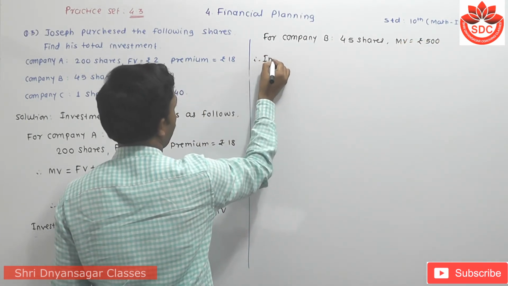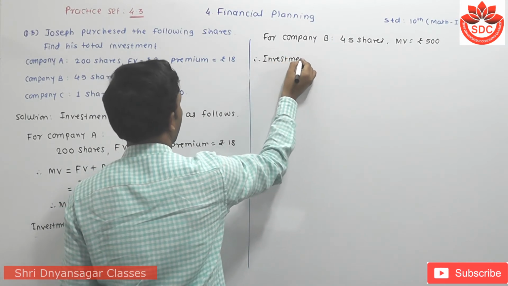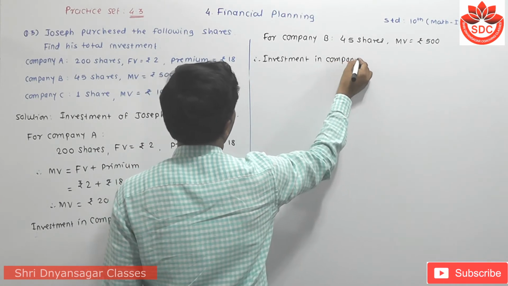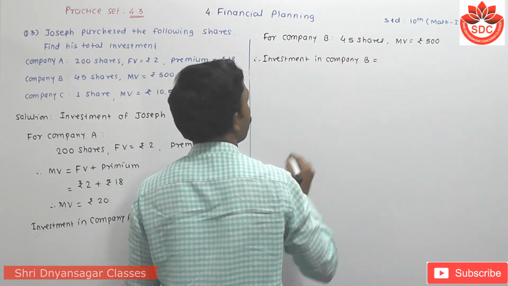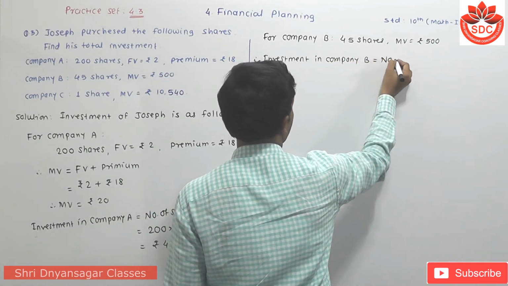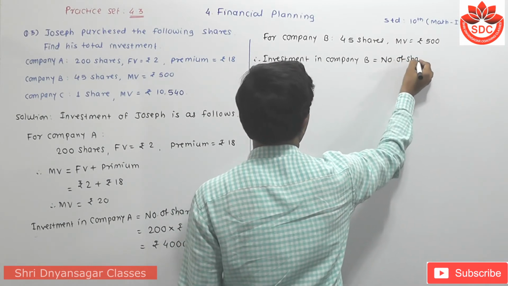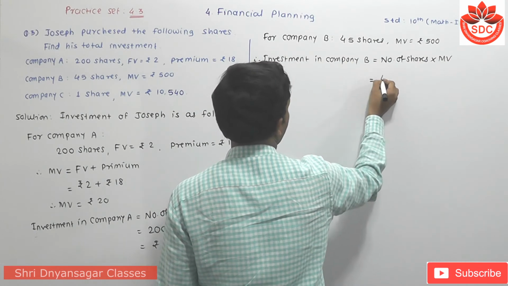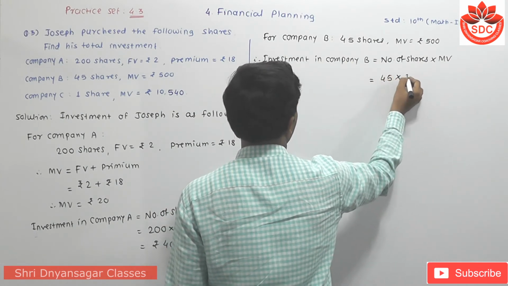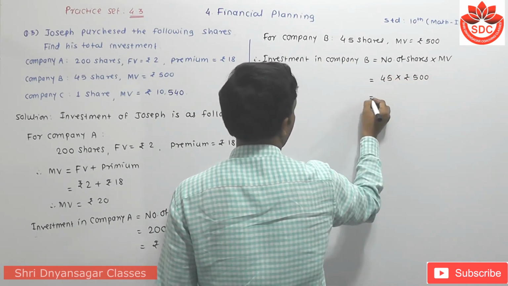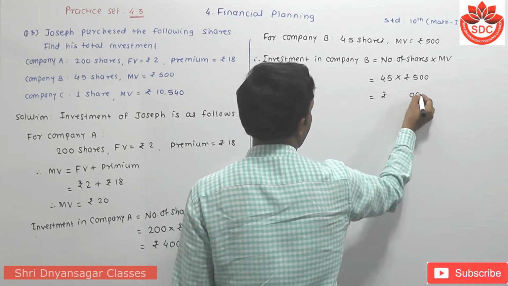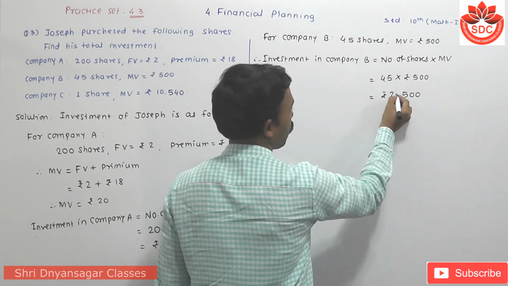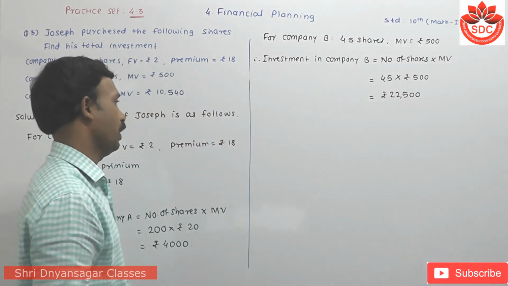Therefore investment in company B is equal to number of shares into market value. Means that number of shares is 45 into market value is 500 rupees. Then rupees 00 as it is, 5 fives are 25 carry 2, 5 fours are 20 plus 2 becomes 22,500.